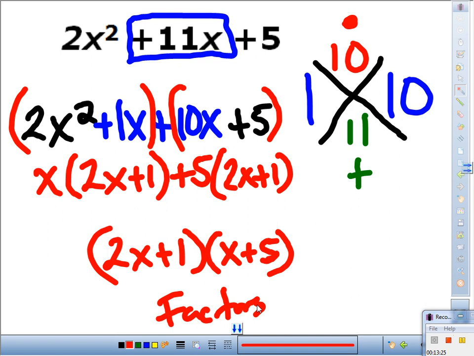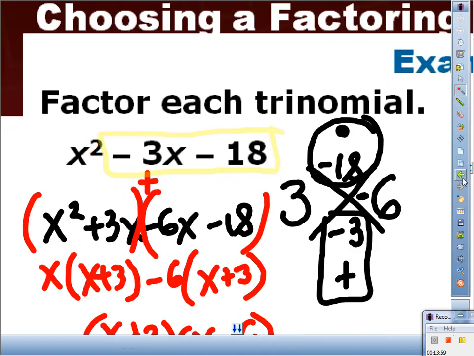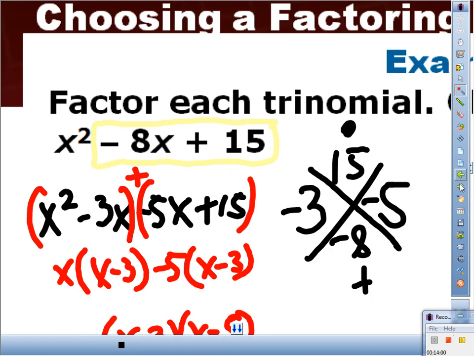Okay. All right. So the next part is the most important part of the lesson that I wanted to show you. All right, here we go. Ready? Look up to the screen.